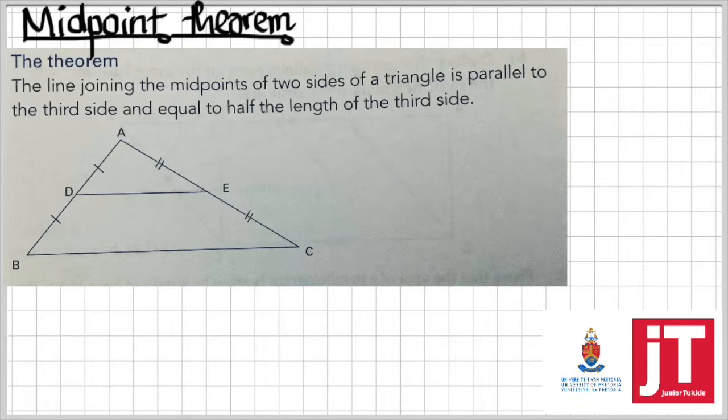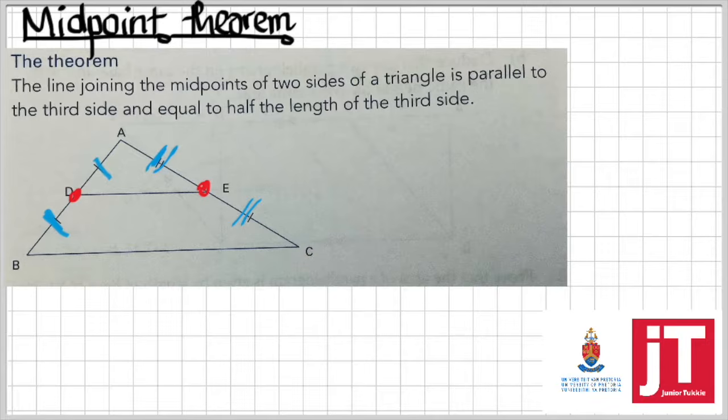So what do we know in a nutshell? In a nutshell, we're saying that if we have two midpoints, if the point D and the point E are midpoints of their respective sides, it follows that the line AD has to be equal to the line DB. And also, the line AE also has to be equal to the line EC. What other conclusion can we make?